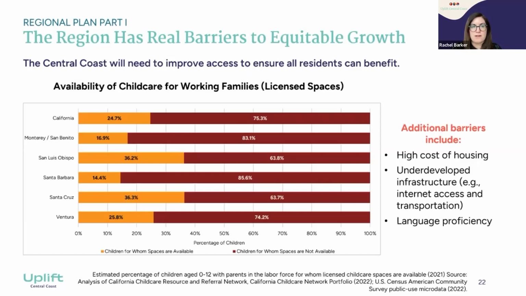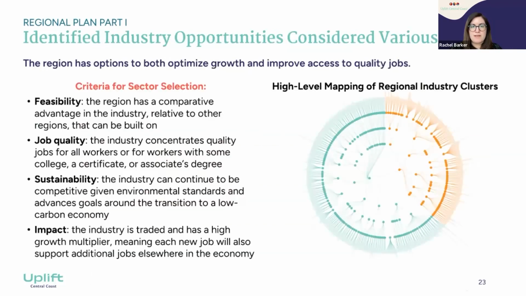There are nowhere near enough spaces available to meet demand, which obviously pushes costs up. And as Lady will be getting into in the next segment of the day, many other issues raised in community engagement and listening sessions really point to barriers that need to be addressed. So if we go to the next slide, please.